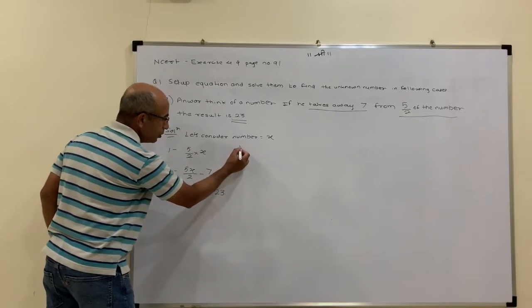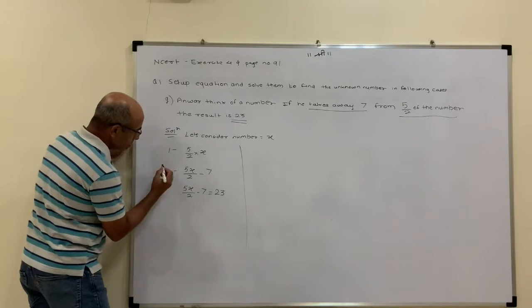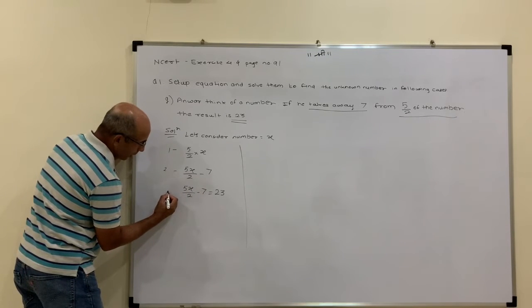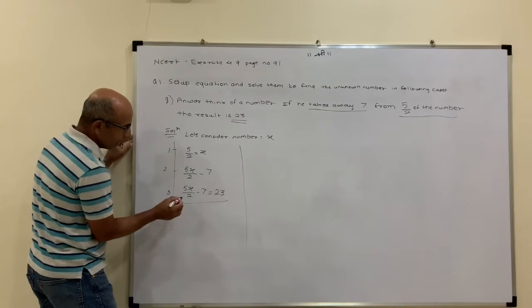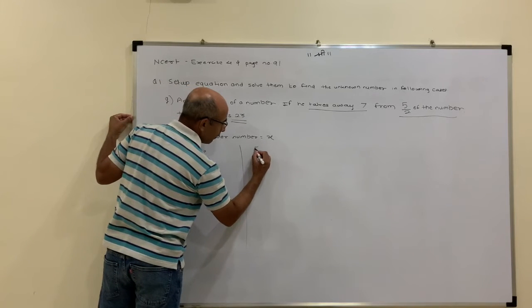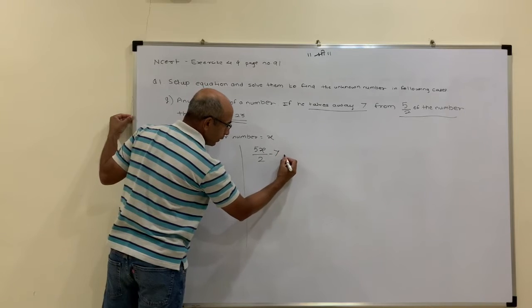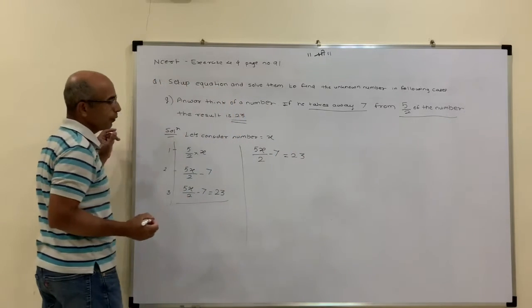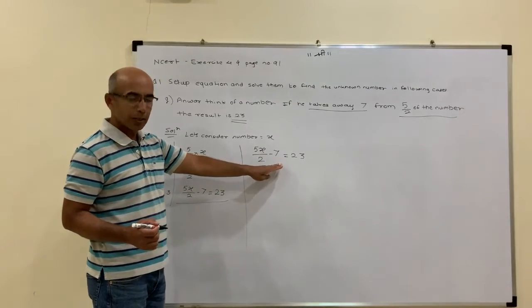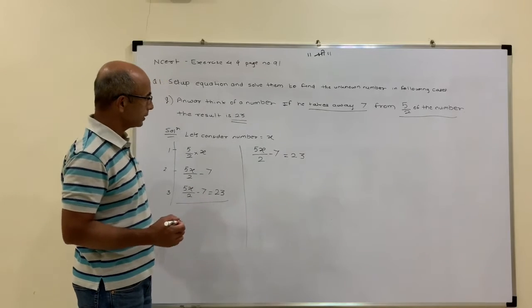Now I am going to solve this equation. This is the second step of the construction of the equation and this is my third step. Now I am going to solve this equation. My equation is 5x divided by 2 minus 7 equals 23. First I'll transpose minus 7 from the left hand side to the right hand side.